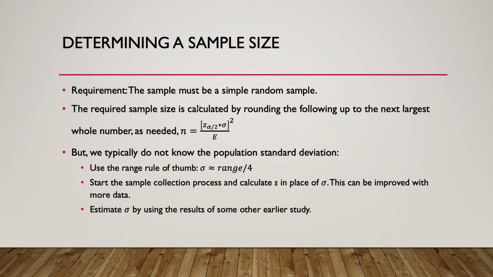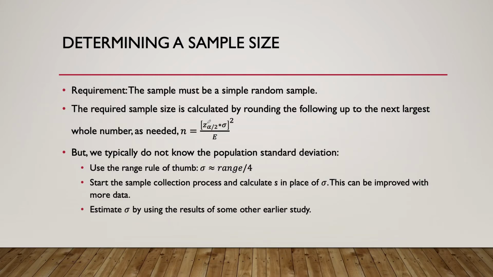And we could determine a sample size. But we first need a simple random sample. The sample size is calculated by rounding the following up to the next largest whole number as needed. n is equal to z sub alpha divided by 2 times the population standard deviation, divided by the margin of error E, all squared. But we typically do not know the population standard deviation.